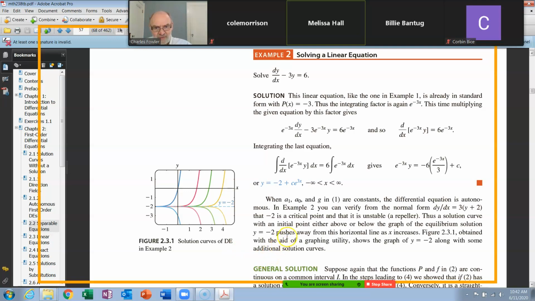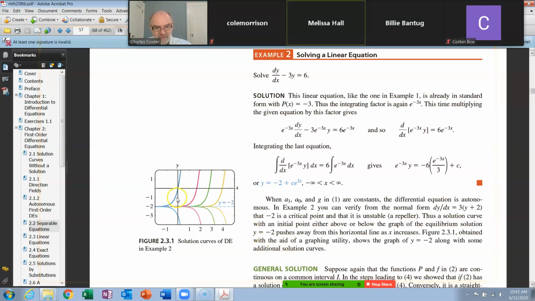Thus, the solution with an initial point either above or below the graph of the equilibrium solution y equal to negative 2 pushes away from the horizontal line as x increases. And this is with the aid of a graphing utility that shows y equal to, with some additional solution curves.